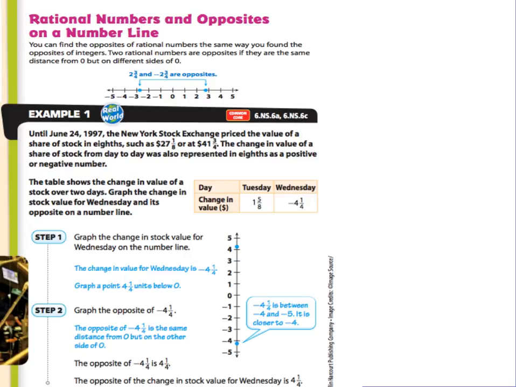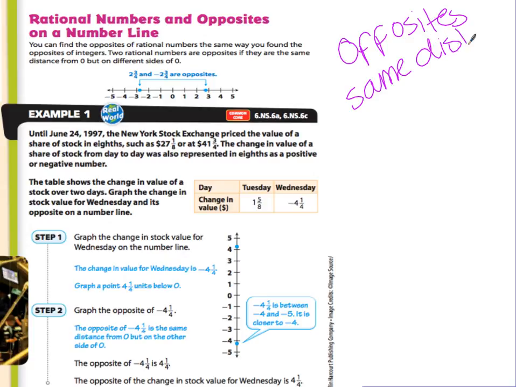Right, so moving right along. So now here, rational numbers and their opposites. Remember, opposites, so this is why knowing our definitions is important. So opposites are the same distance from 0 but different directions.